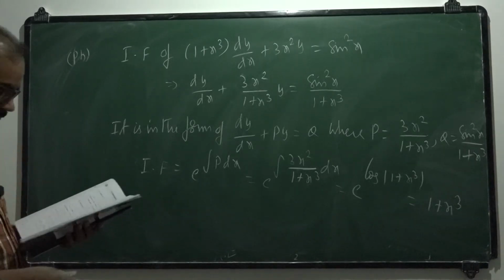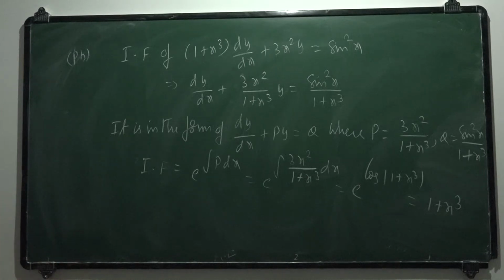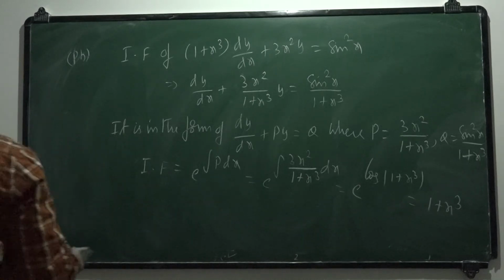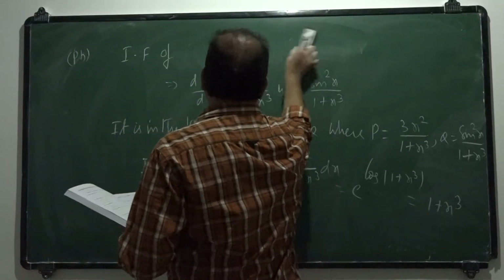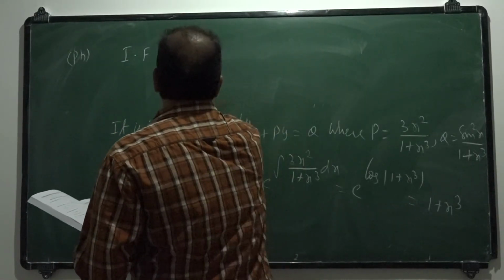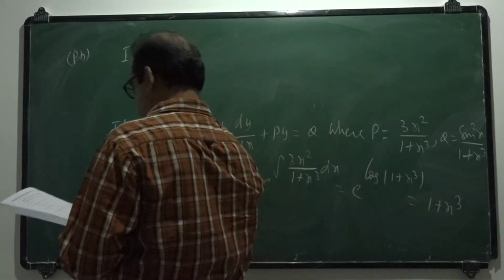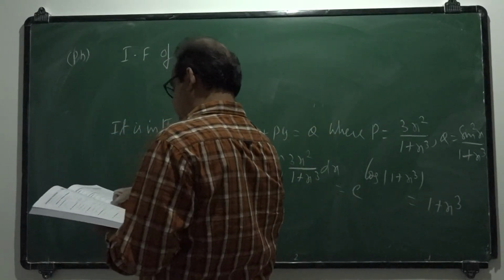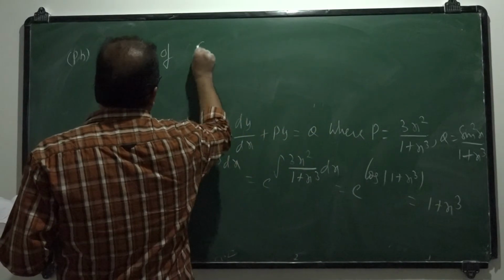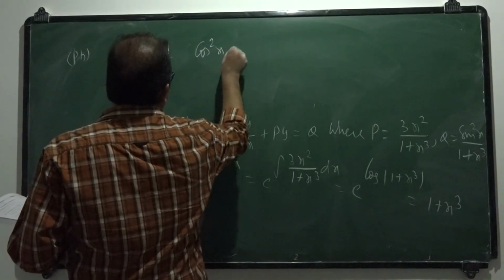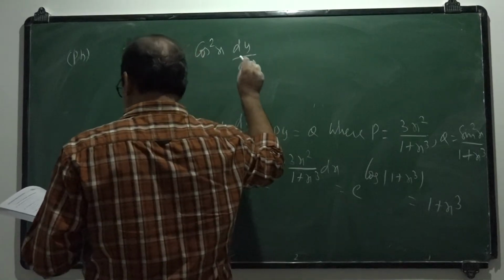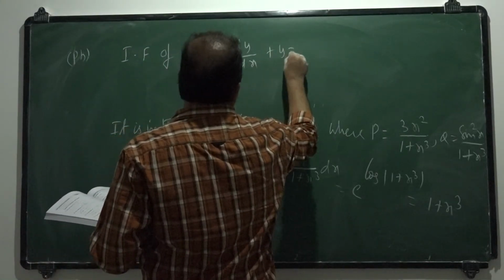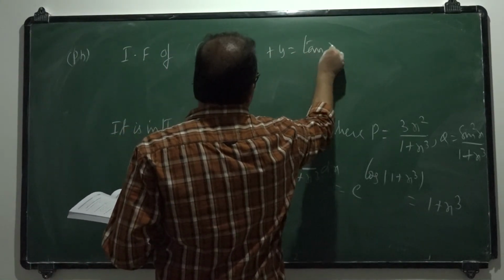Next, find the integrating factor of cos square x into dy by dx plus y is equal to tan x.